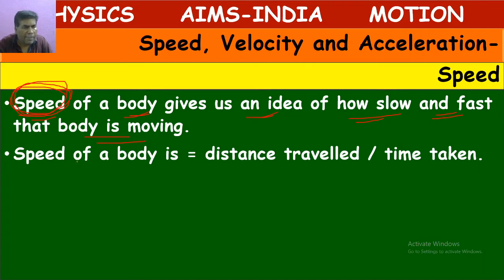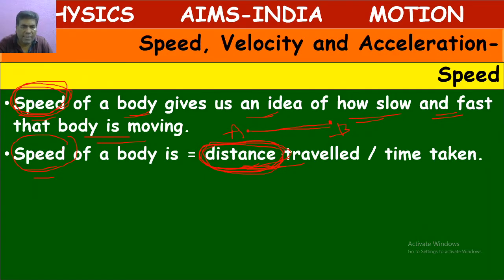Okay, actually how to calculate the speed of a body? Because we are traveling some distance. Suppose from point A, which is my house, I went to my friend's house, which is at point B. So from A to B, I have traveled a distance.